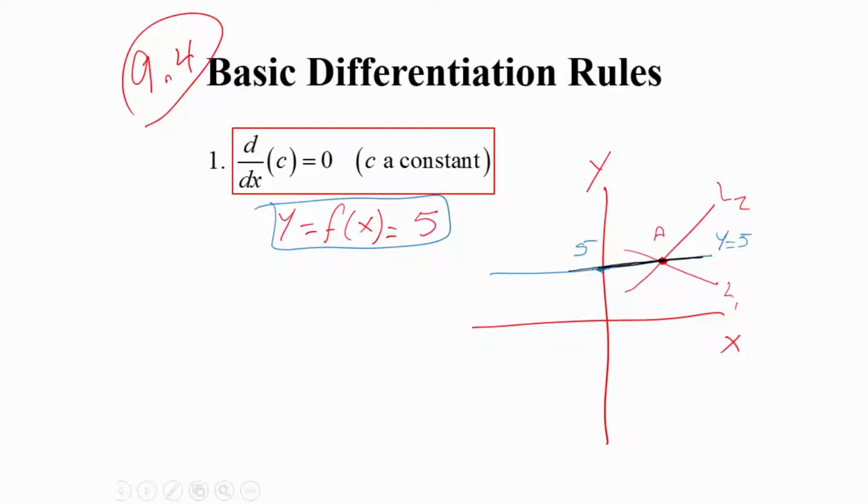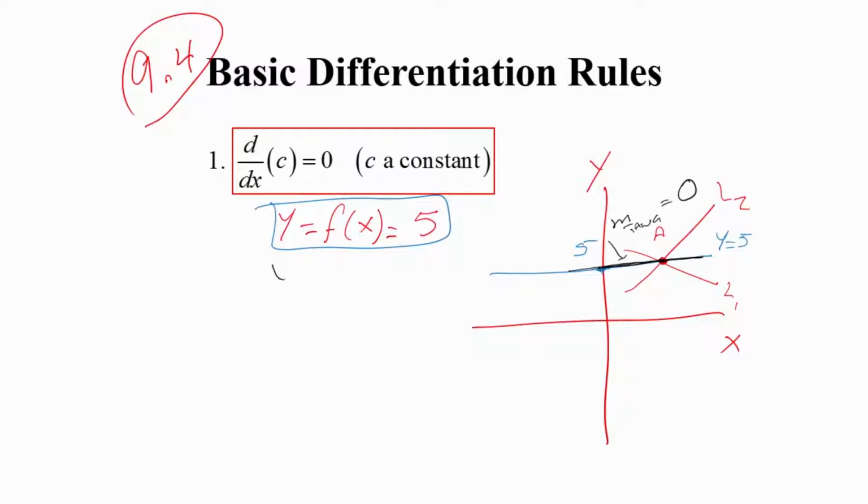The next question you ask yourself, what is the slope of this tangent line? What's the slope of a horizontal line? Well, a horizontal line does not have any rise. So rise is 0. Rise over run, 0 divided by anything is 0. So the slope is 0. And the slope of a tangent line is also the derivative.